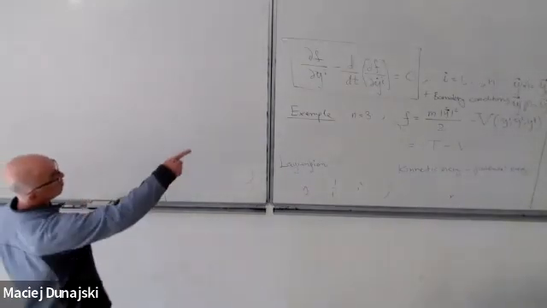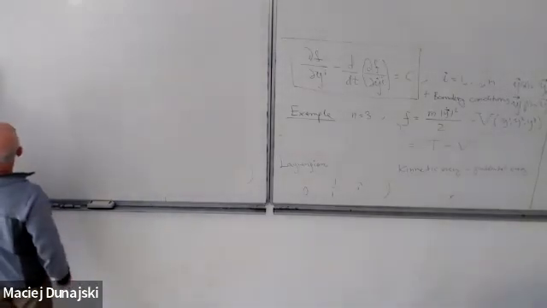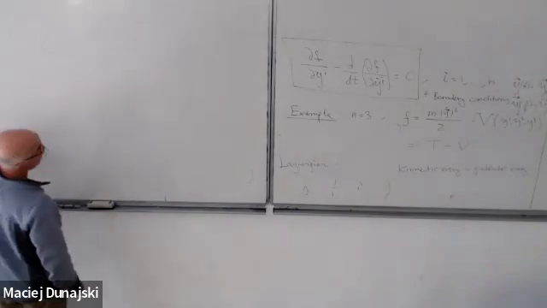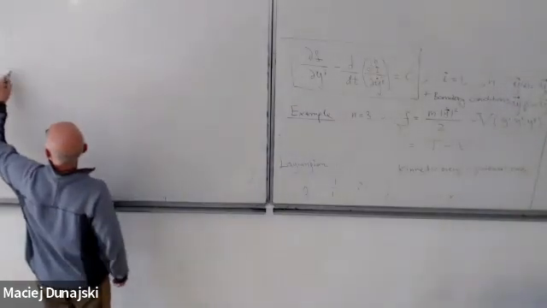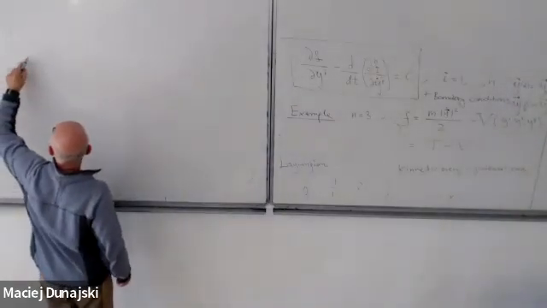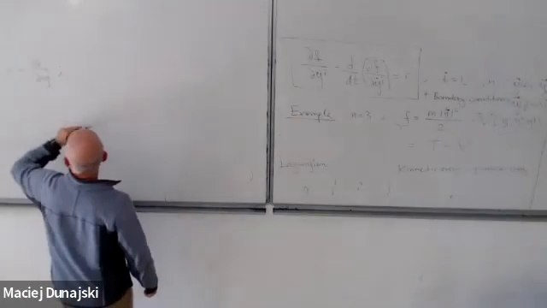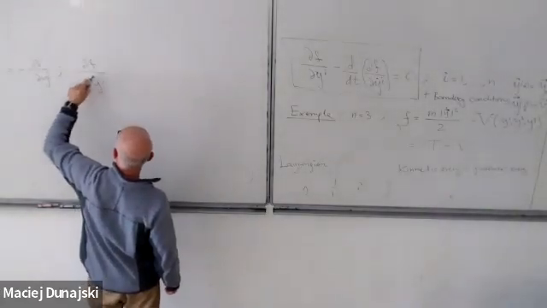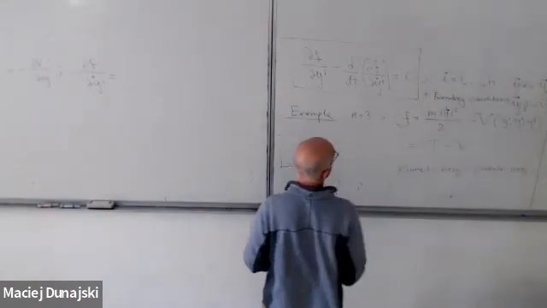Okay, so let's compute the first terms. df by dy_i, well, the y_i dependence only sits in the V, so this is minus dV by dy_i. Now df by dy_i dot, well, that comes from here.